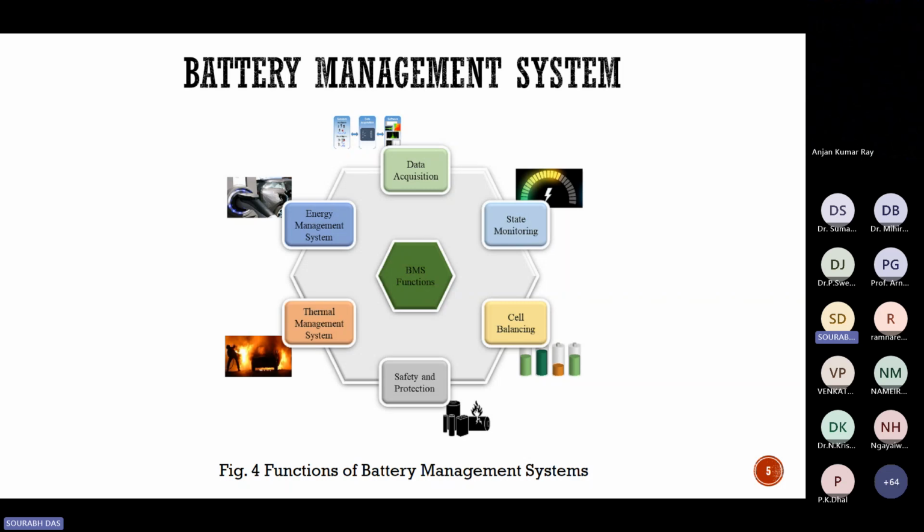So cell balancing ensures that all the cells have the same voltage and capacity, so that they can charge and discharge uniformly. This improves the overall efficiency and cycle life of the battery.